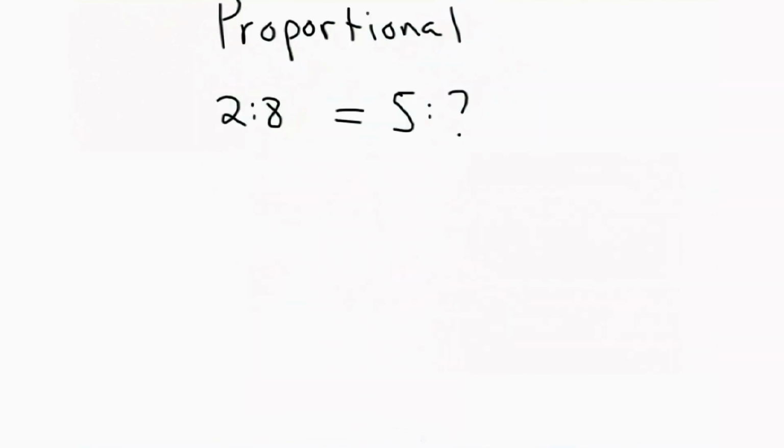We can represent it also as a fraction, with the first thing in the ratio as the numerator and the second thing as the denominator. So we can also have 2 divided by 8 is equal to 5 divided by some unknown.